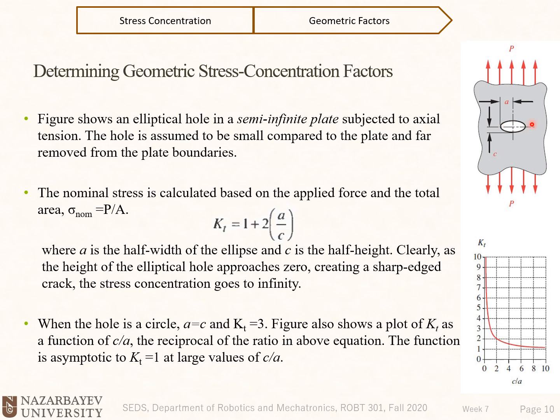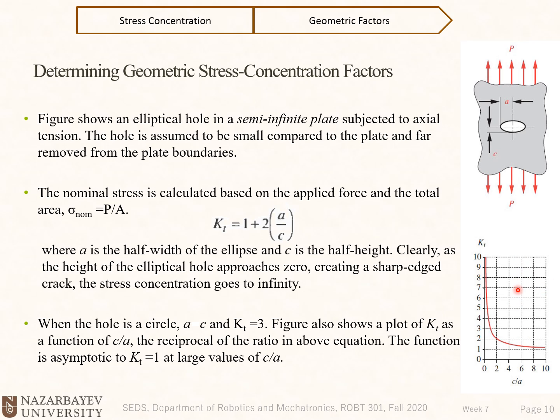So once this C becomes smaller, this elliptical hole becomes very similar to a crack with sharp edges, and the stress concentration will increase and the stress basically goes to infinity. When the hole is a circle, A is equal to C and KT will be equal to 3.